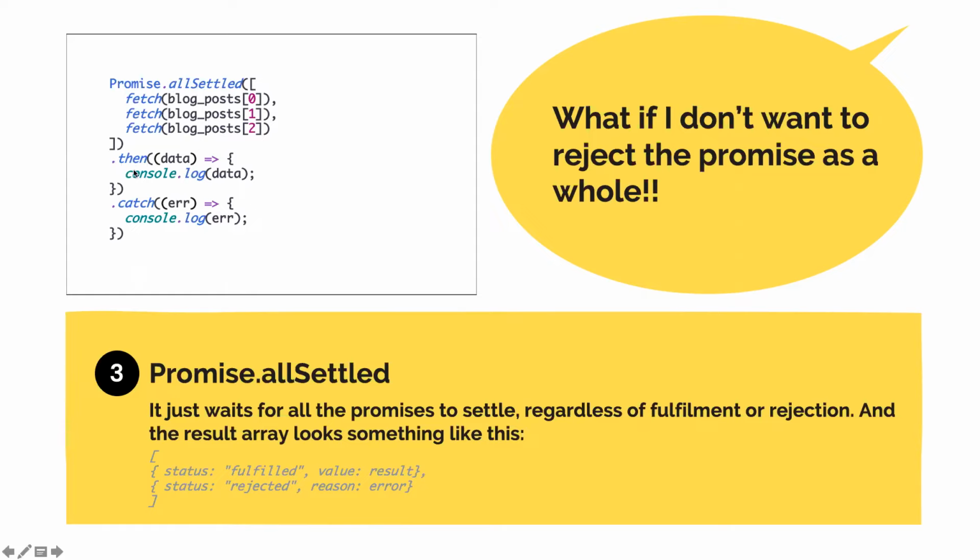We get back another promise when all of them settle, and we get an object something like this here, which has individual status and value. So irrespective of whether they were rejected or fulfilled, we will get the data.